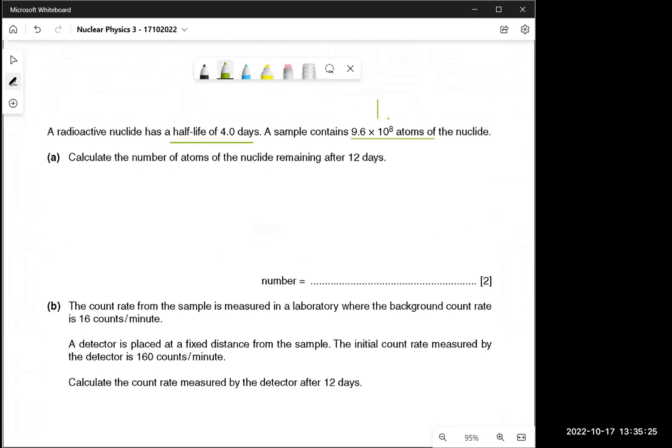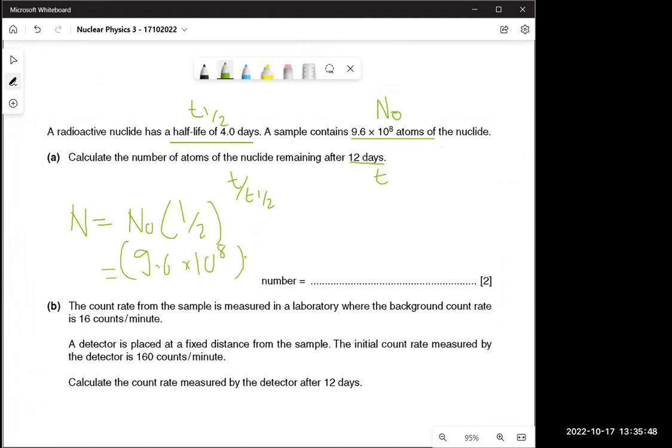So this will be our N naught, the number of particles at the original, and this is my T half, and this is my time, T. So I know that N is N naught into half raised to power T divided by T half. So N naught is going to be 9.6 into 10 raised to power 8, all of this multiplied with half raised to power T, which is 12, divided by 4.